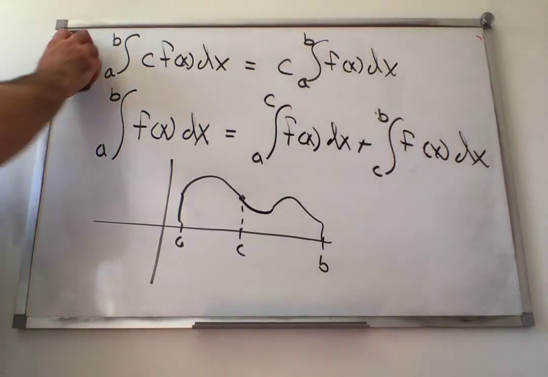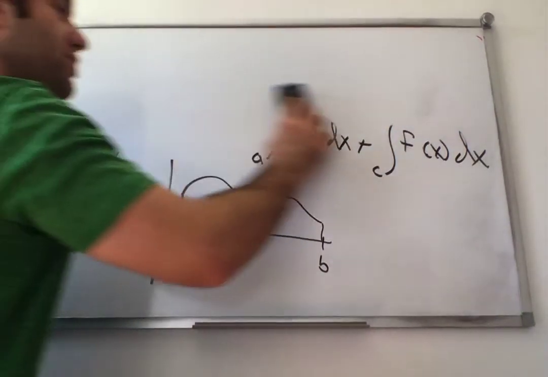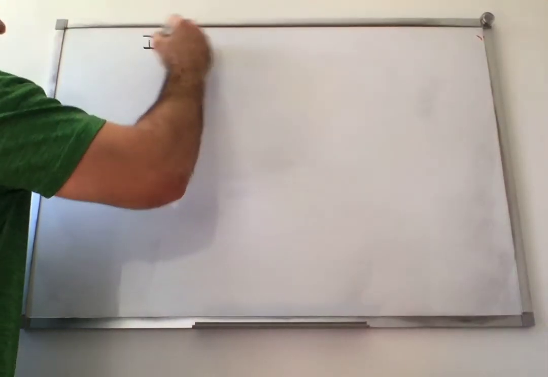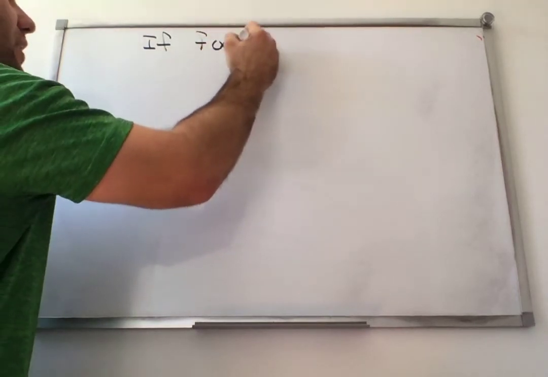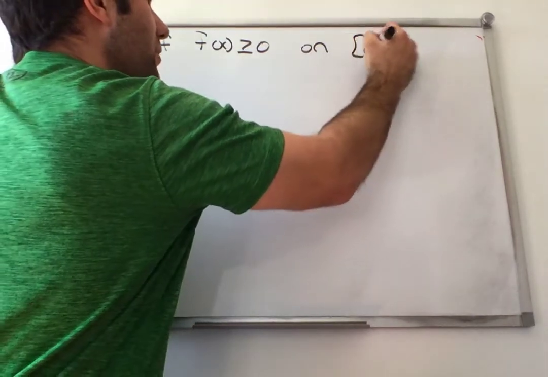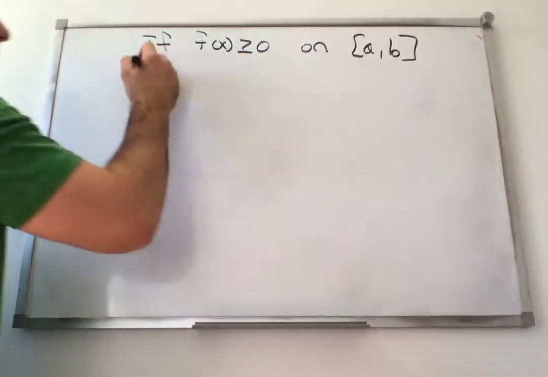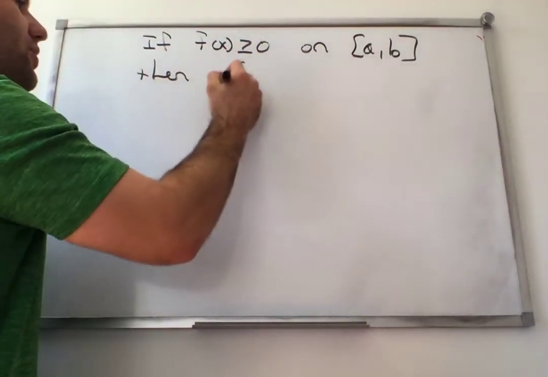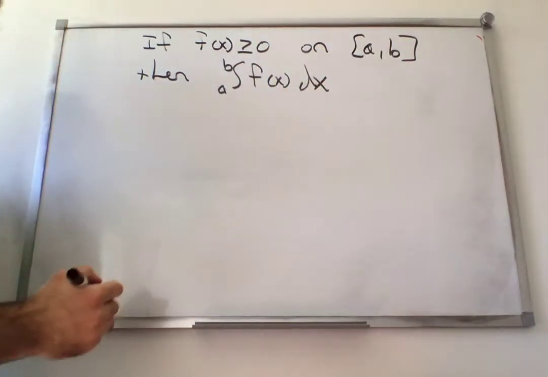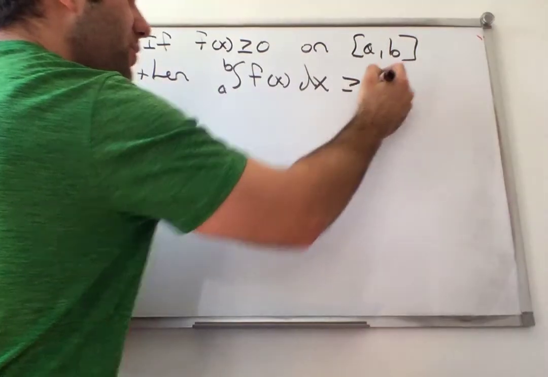The next property is what we just got done talking about. If f of x is greater than or equal to 0 on some interval a to b, then the integral from a to b of that function should also be greater than or equal to 0.